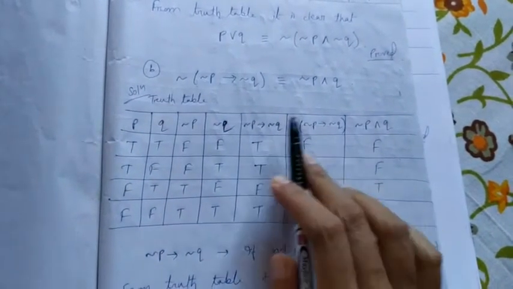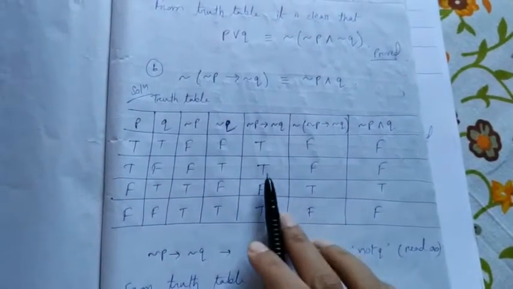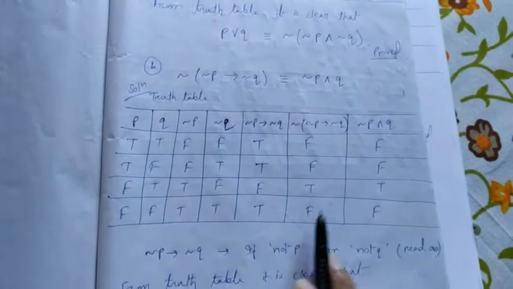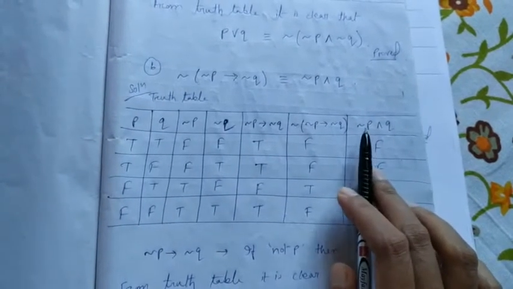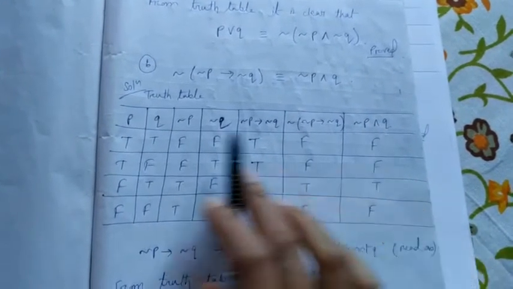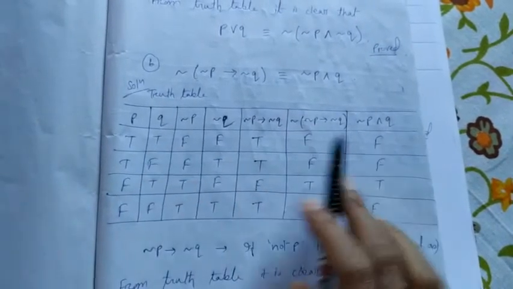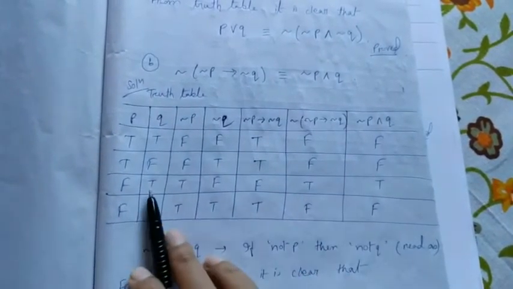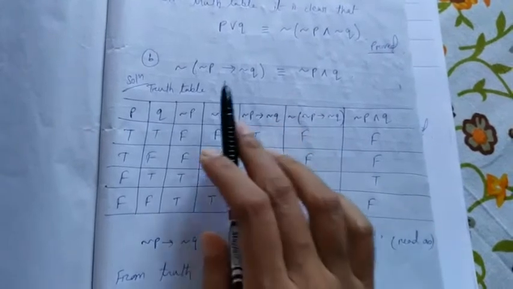Now the negation of this: if it is true, it will be false. If it is true, it will be false. If it is false, it will be true. And if it is true, it will be false. Now this part means not P conjunction Q. Not P conjunction Q: false true is false, false false is false, true true is true, and true false is false. So this column and this column are again same, so you can say that this is equivalent to this.